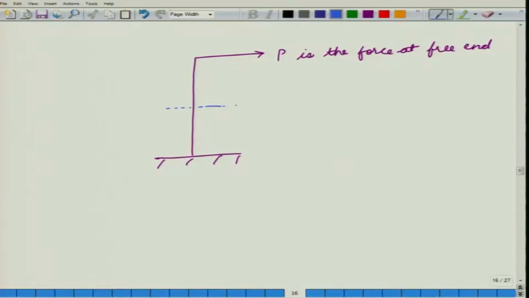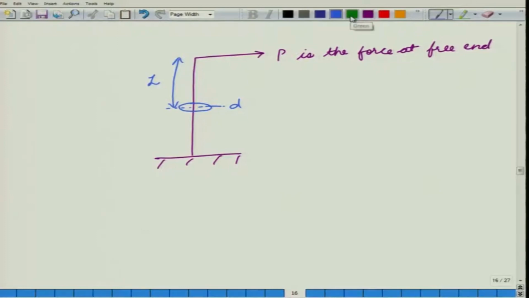So, here the diameter is d and this point is at a length L from the top. Suppose this is the cross section. So, L is the distance of this cross section from the point of application of force, and d is the diameter of the beam at this point.